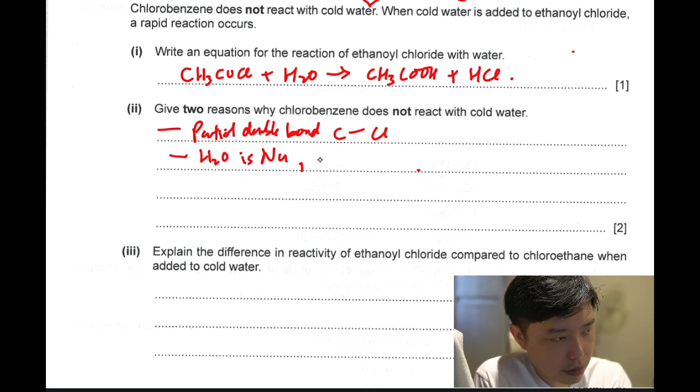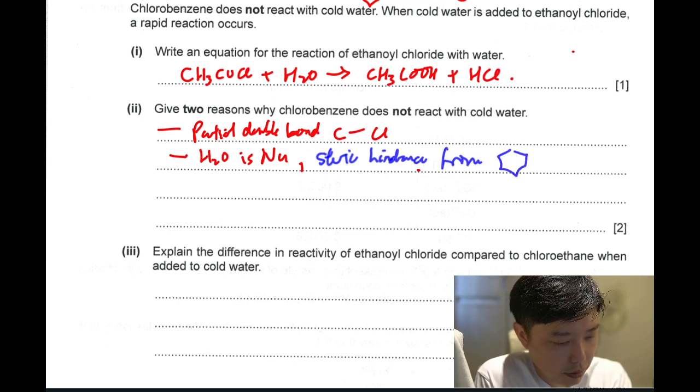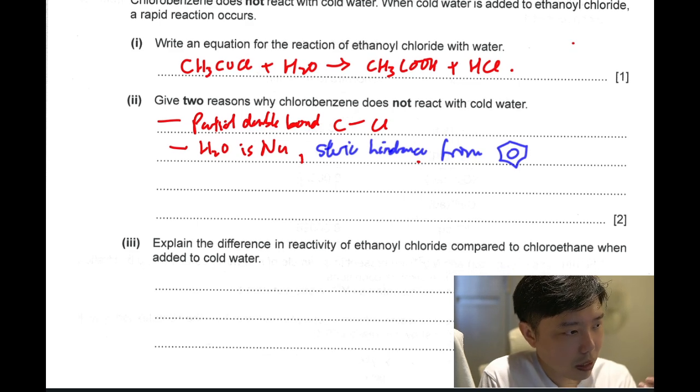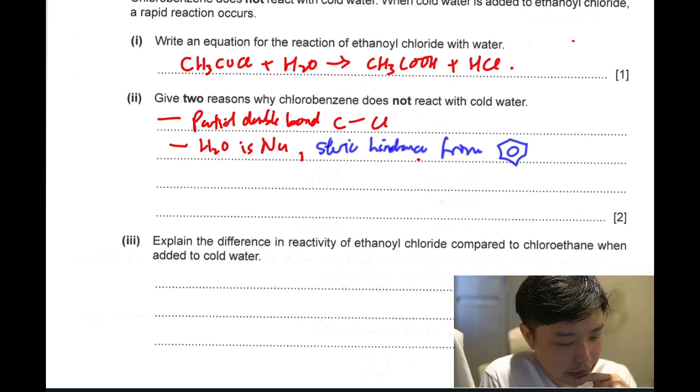So there is steric hindrance from the benzene ring. The benzene ring has this pi electron cloud which will hinder the attack of the nucleophile, which is water, so it does not react.